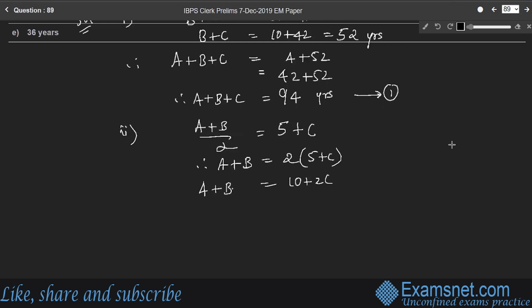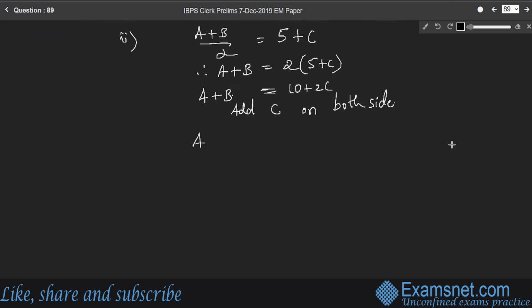So add C on both sides. We get A plus B plus C is equal to 10 plus 2C plus C, that is 10 plus 3C. Consider this as equation 2.